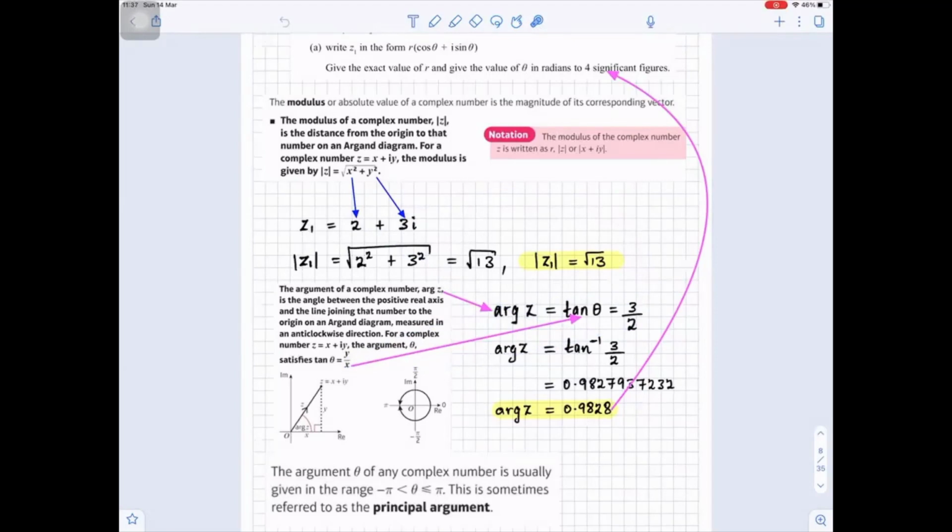So the argument of z, which is the angle, is inverse tangent of 3 over 2. And you put your calculator in radians. That will give you 0.9828 to 4 significant figures, because that's what they want the answer as. That's how you do that first part.